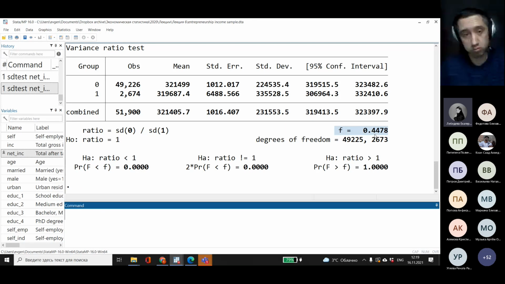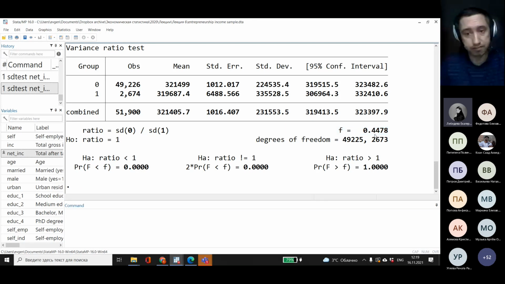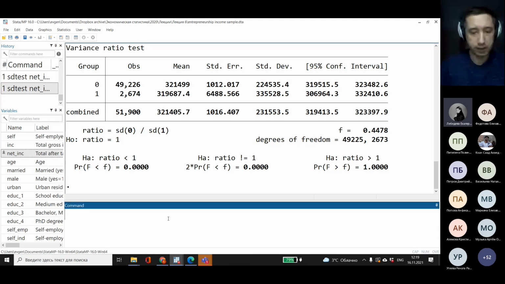Hence, the F statistic is smaller, but this part is a little bit tricky because we divide the smaller variance by the larger variance, and in this case everything is vice versa. It means that if the F value is smaller than the critical value, we should reject the null hypothesis. Well, it is if we use, for example, this option.